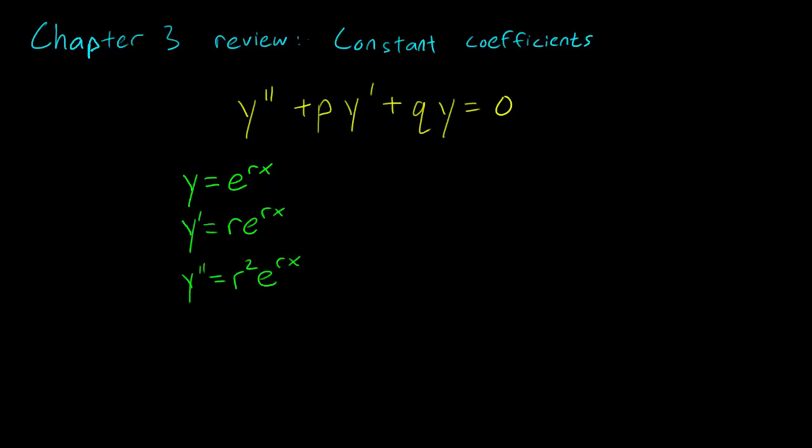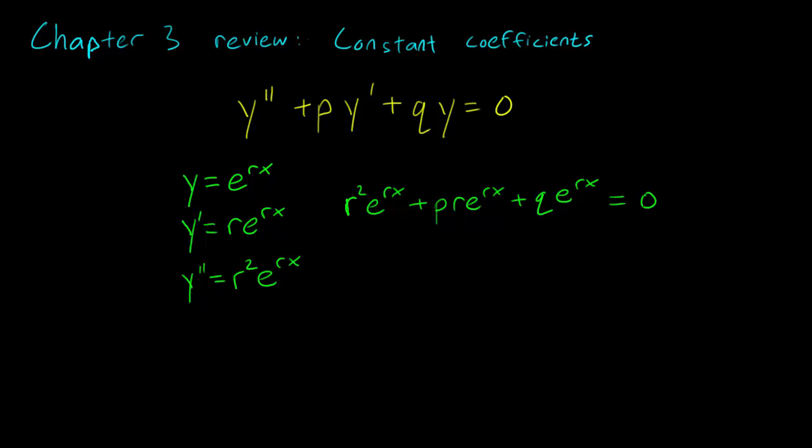In this case, we have a second order equation, so we have to take two derivatives, and by a simple chain rule, we have that y prime is equal to r e^(rx), and y double prime is equal to r squared e^(rx). Substituting back into the original equation, we have then that r squared e^(rx) plus p r e^(rx) plus q e^(rx) is equal to 0.